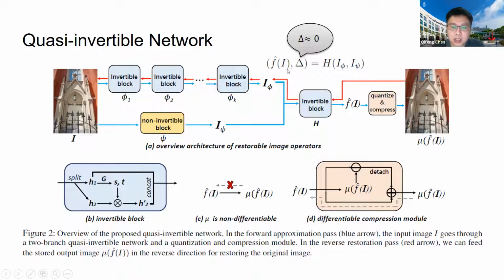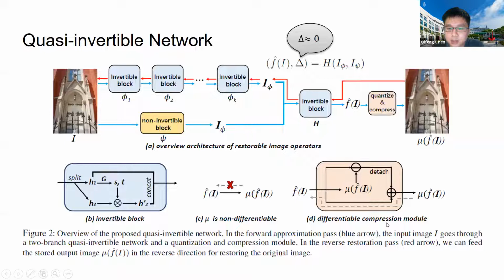There are two parts: one is the output from the invertible part, and there is this delta from the non-invertible part. At the same time, we want this delta to be minimized, close to zero, because during the inversion we would only have this single image part, and we will feed zero for this part during the inversion. So during training, we want to minimize this.